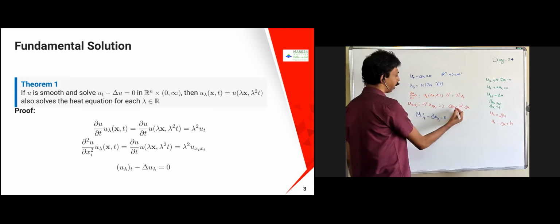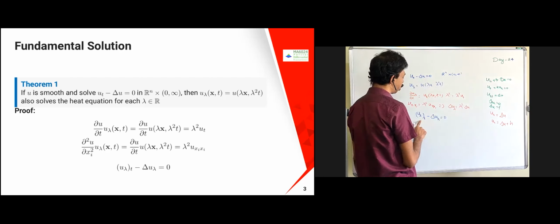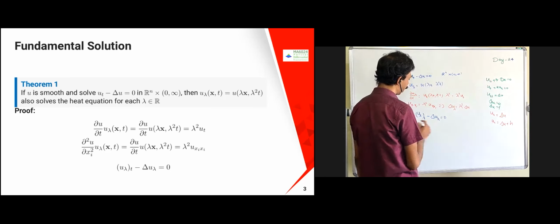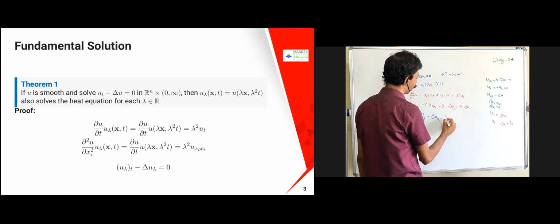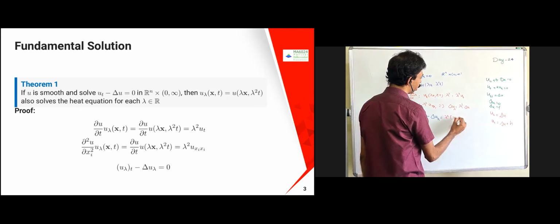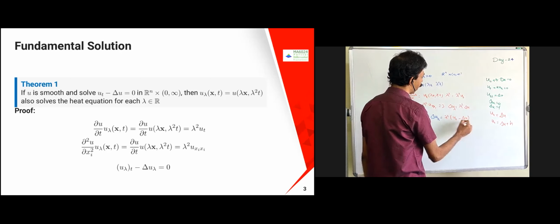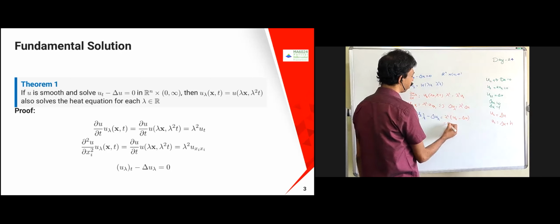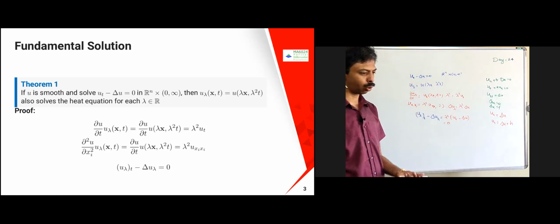If I substitute over here, this becomes λ² times (u_t minus Δu). Since u satisfies the heat equation, this becomes 0. Therefore this is also 0. That's all, just two lines.